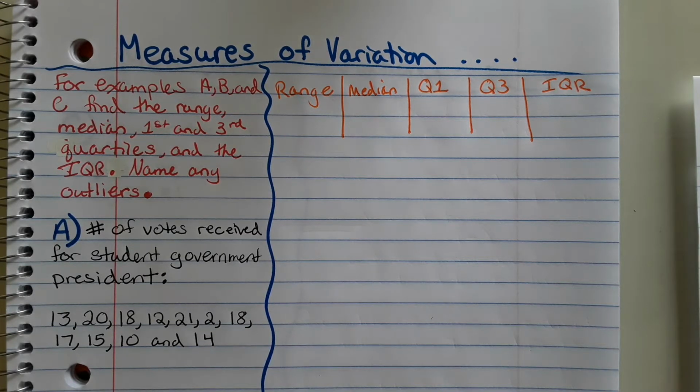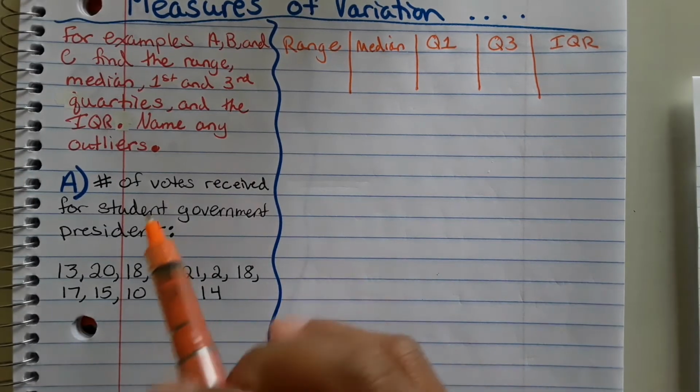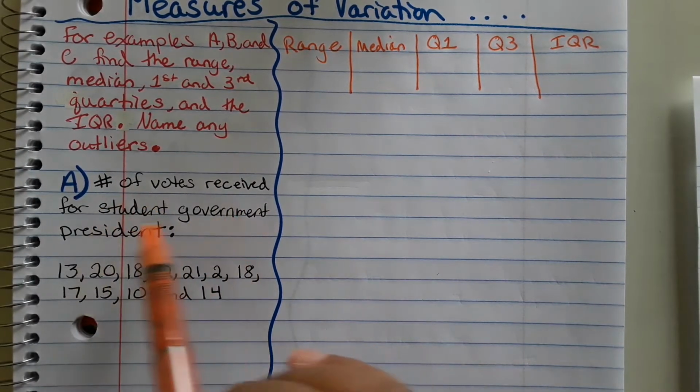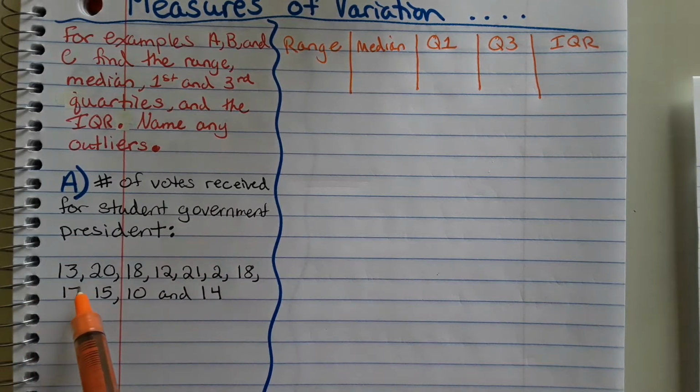All right, range is easy. For our first set, we have the number of votes received for student government. So our set includes 13, 20, 18, 12, 21, 2, 18, 17, 15, 10, and 14. Each of these is a different candidate, and we have the number of votes they received.